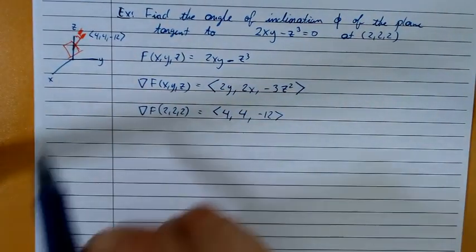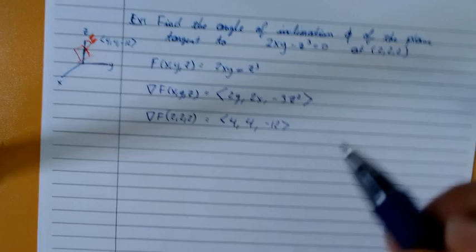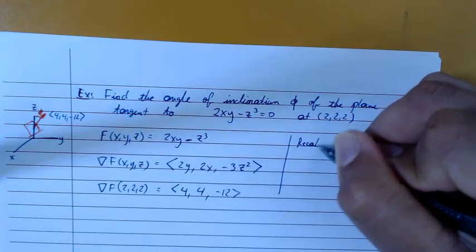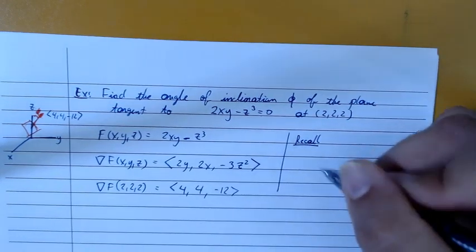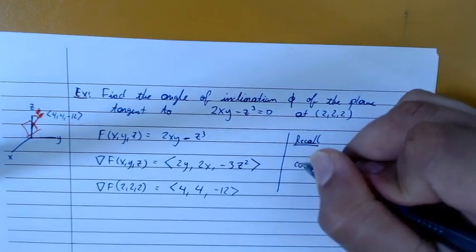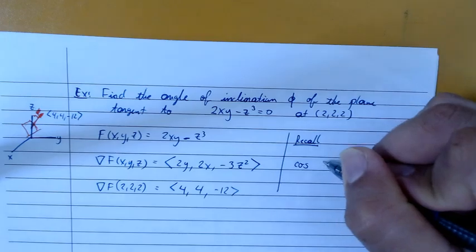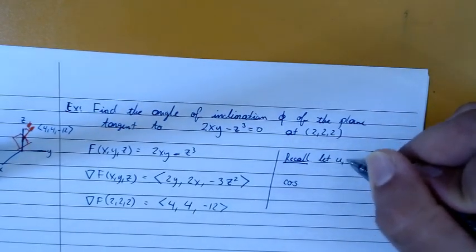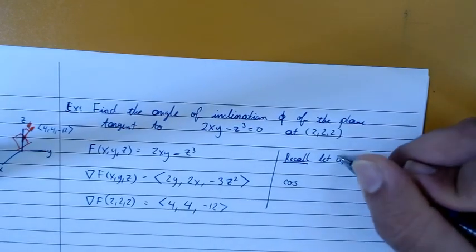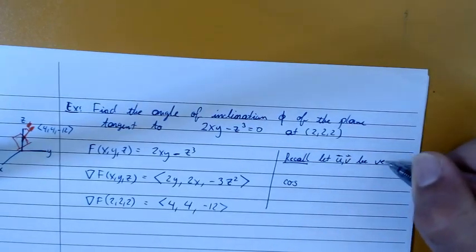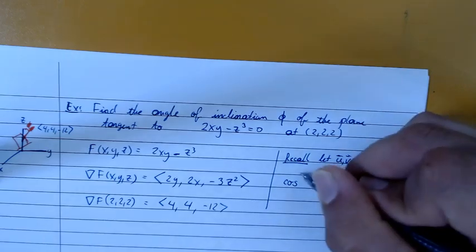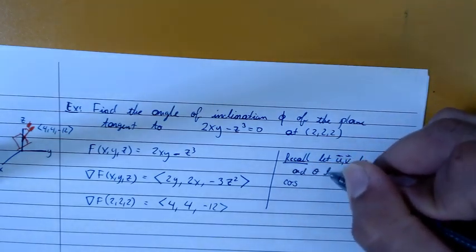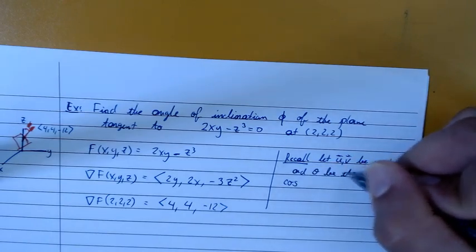All right, so now we need to find this angle in between here. For this, we're going to recall something from the beginning of the course, going back to chapter 11. Recall that, let u and v be vectors, and theta be the angle between u and v.